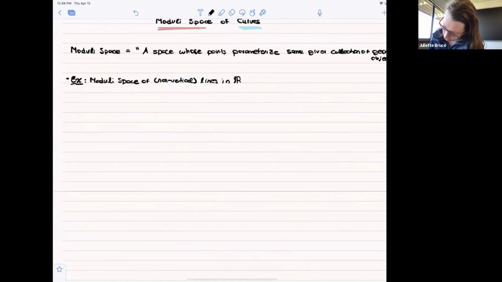in R2. So I want to find some space, again squashy word, that parameterizes, also squashy word, the set of non-vertical lines in R2. So on the one hand, I have non-vertical lines L inside of R2, and I want to somehow find a way to parameterize these.